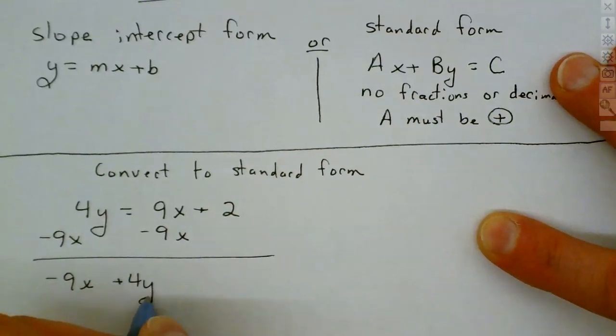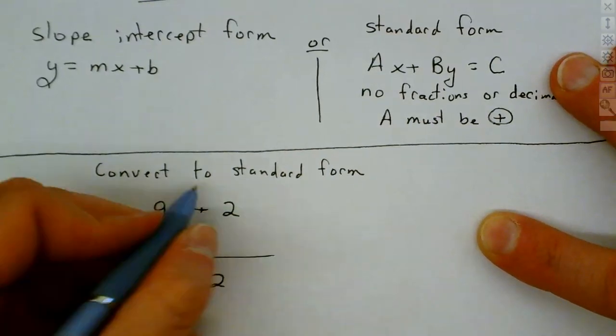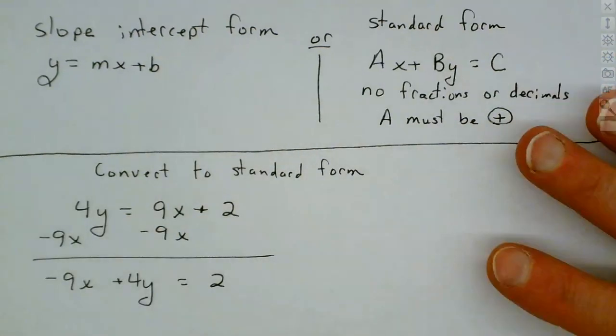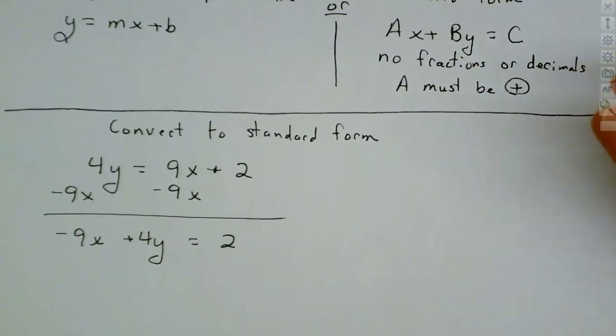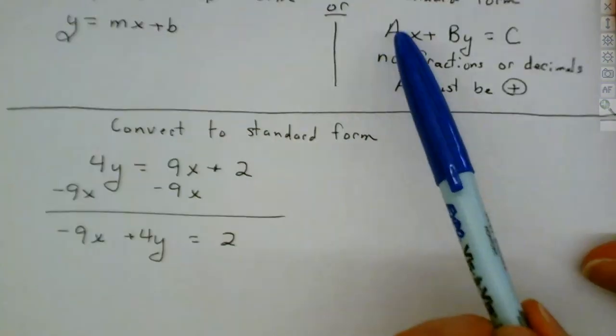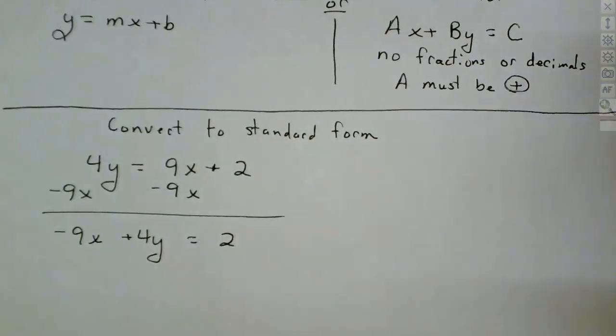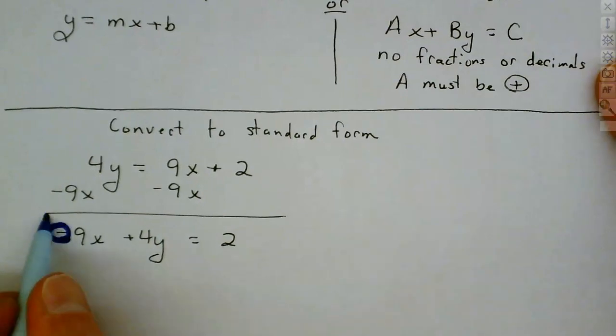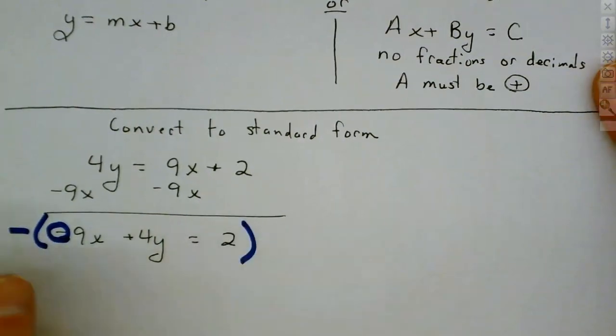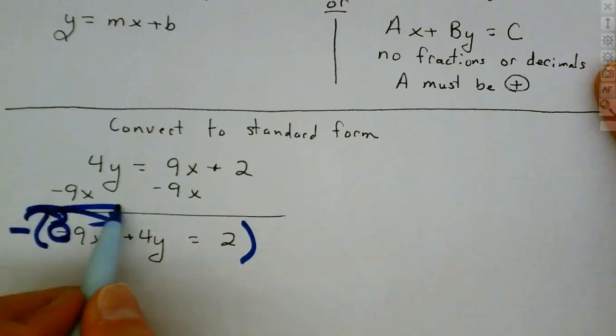Now, here's where students make a mistake. This is not quite in standard form. Why is this one not in standard form? Yeah, because the number in front of the x, the a, must be positive. So if this is negative, how do we fix that? We distribute a negative through.